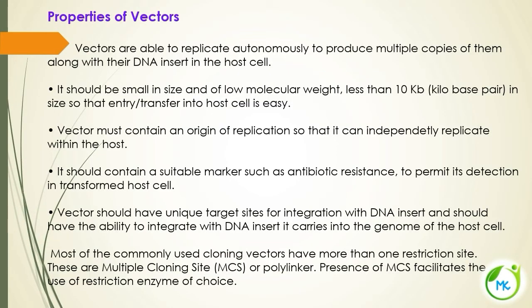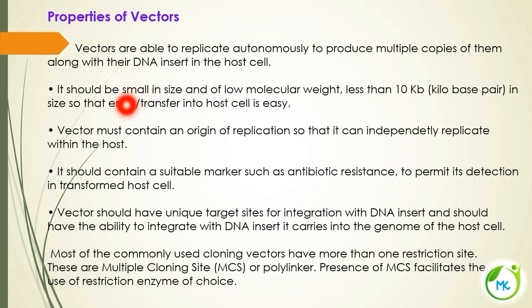Now we shall see about the properties of vectors. Vectors are able to replicate autonomously. Autonomously means on its own, to produce multiple copies of them. As it produces multiple copies of them, it also multiplies the DNA insert.